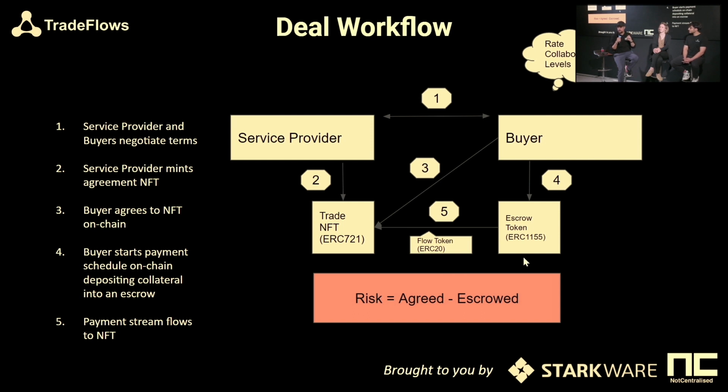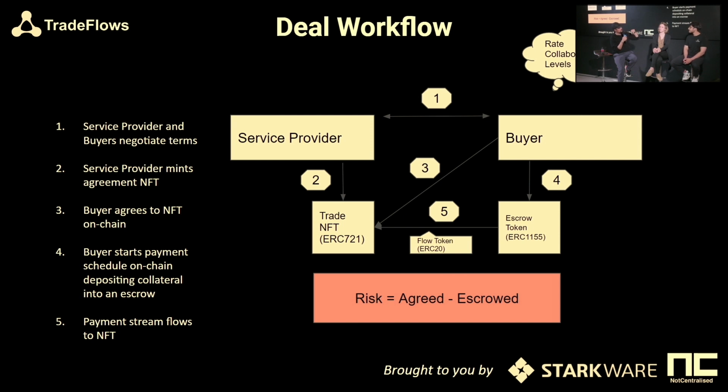It's still an escrow account that is in their control, and they're able to withdraw money from that escrow account whenever they want, but the service provider can then see that and act accordingly. Now, this on its own is very easy to do on any blockchain. But the consequences are actually quite interesting once you start looking at the entire supply chain.